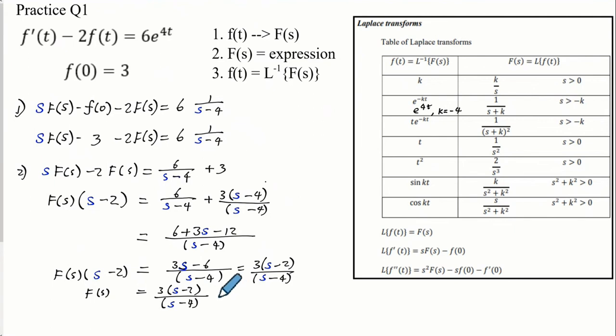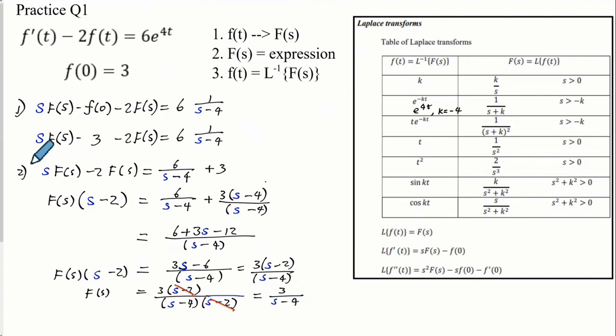Now divided, which means the s minus 2 goes on the denominator. And we're lucky here that we can cancel a common factor, brackets s minus 2, is on the top as well as on the bottom. So that cancels out. Then my expression for F of s is simply 3 over s minus 4.